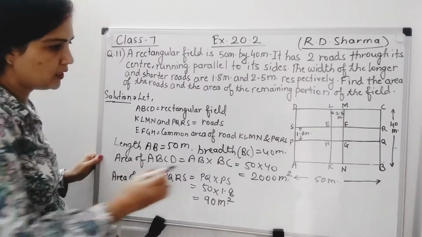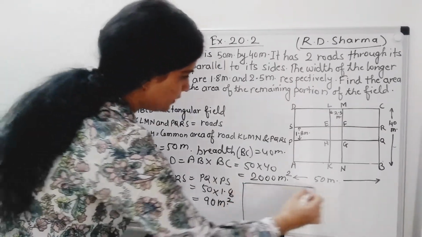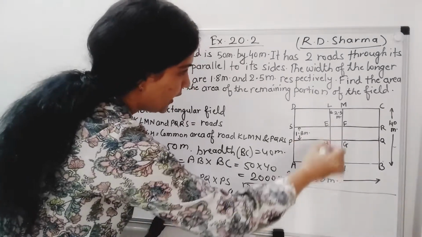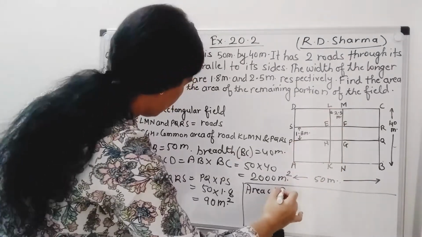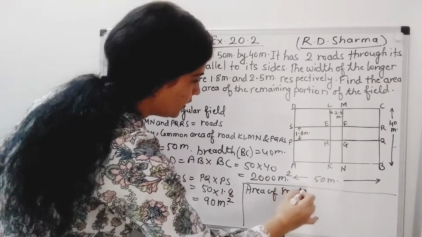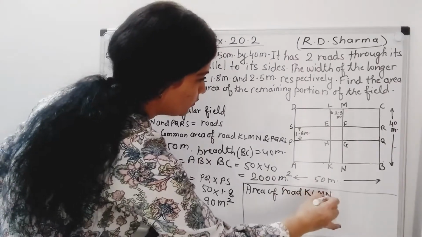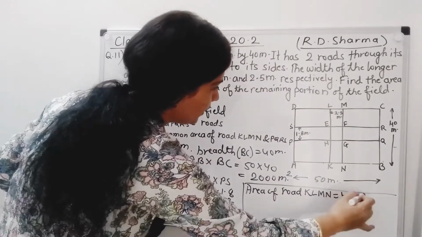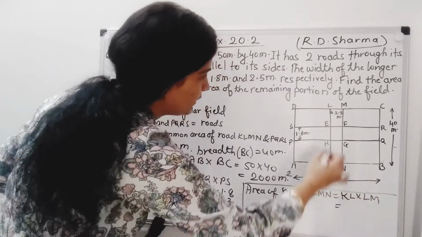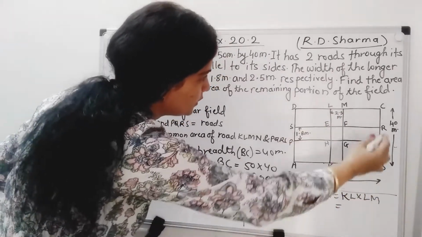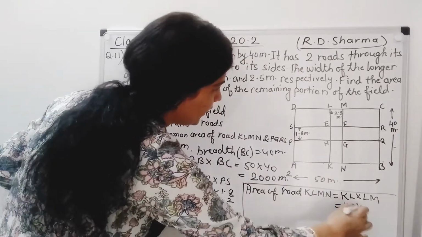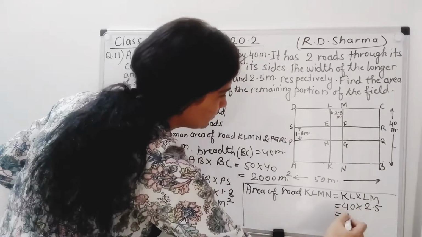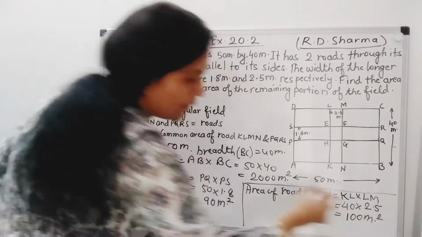Now the area of another road, KLMN, will be KL multiplied by LM. KL is parallel to AD, or we can say BC, so it's 40, and LM is given 2.5 meter. So it will be 100 meter square.